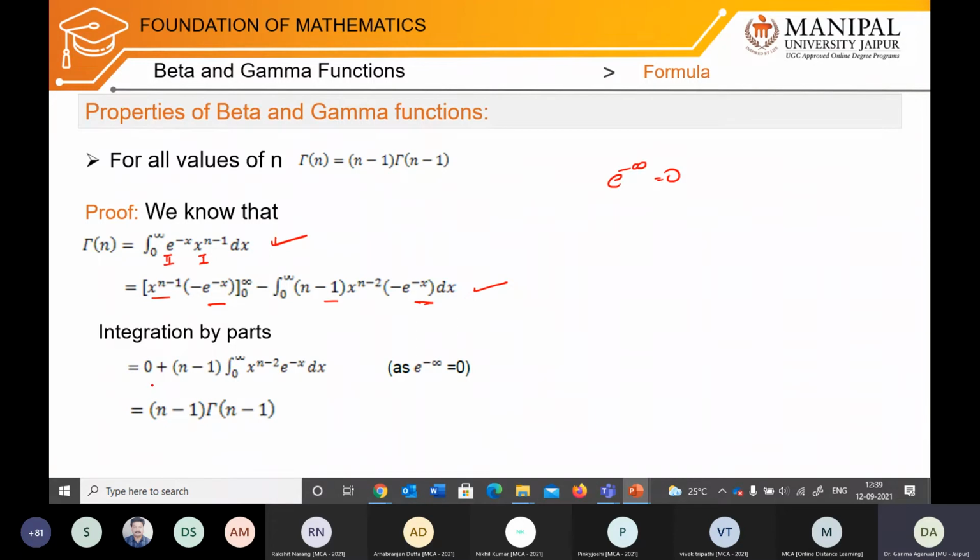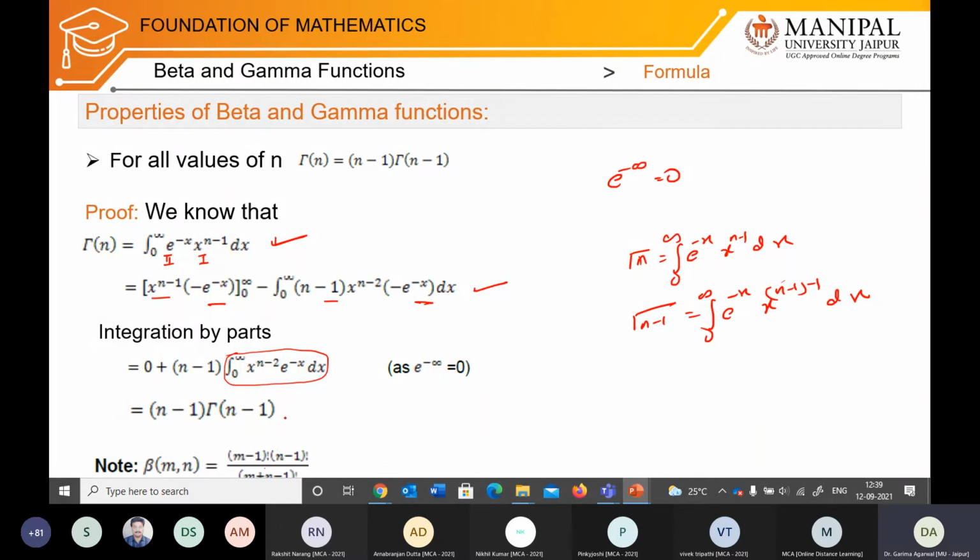And this integral is here. Look, gamma n is 0 to infinity e raised to minus x, x raised to n minus 1 dx. So gamma n minus 1 is 0 to infinity e raised to minus x, x raised to n minus 1 minus 1 dx. If it is n, here we have n. If it is n minus 1, here we have n minus 1, that is n minus 2. So we can write this integral as gamma n minus 1. Clear?